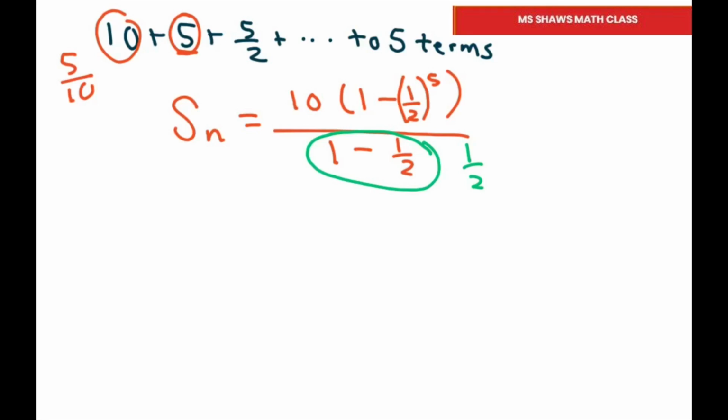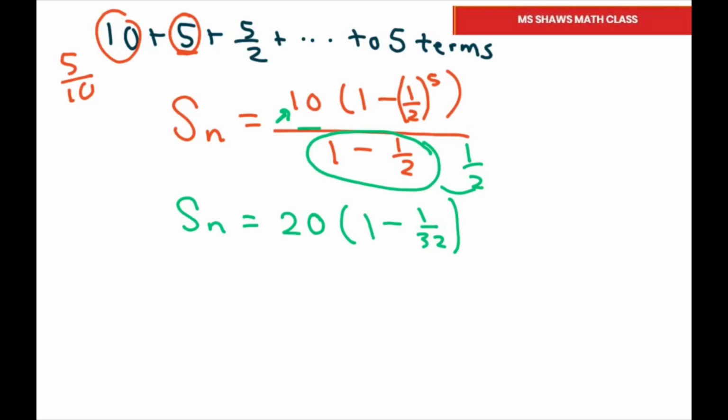So that just means I can pull this 2 up and multiply the 2 by 10 and get 20. So you get 20 times 1 minus, like that. So you don't have to put all that in the calculator. Okay, 1/2 to the 5th is 1/32, 1 divided by 32.